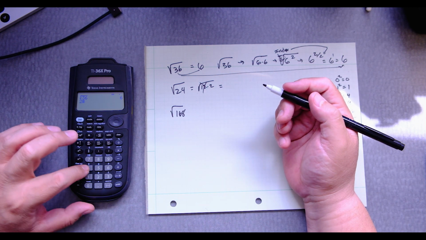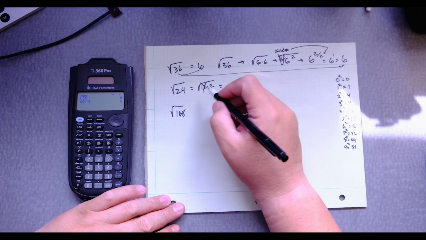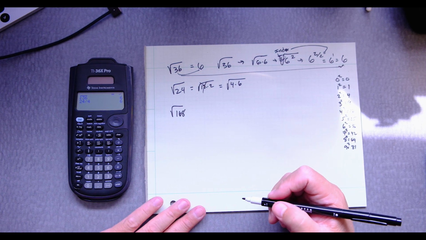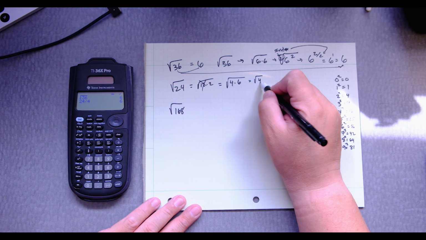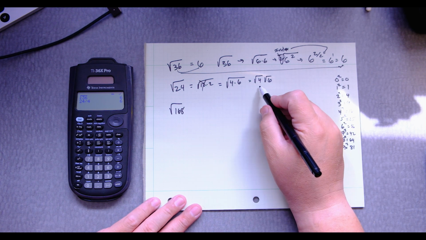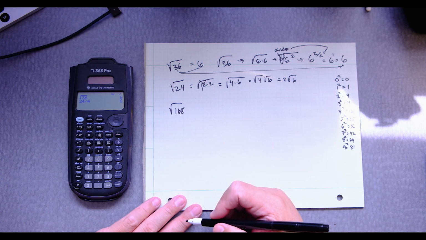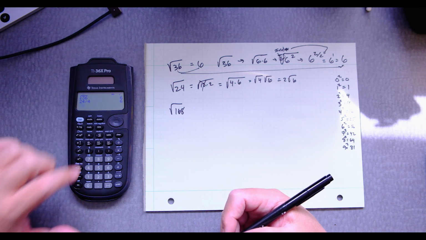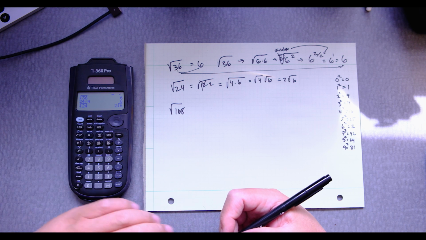We can say 24 divided by 4 gives you 6. So 4 times 6 will go into it. And then you can say to yourself, well, I can separate these: square root of 4, square root of 6. What's the square root of 4? 2, square root of 6. Now, can your calculator do that? Yes. Second, square root, 24, enter: 2 square root of 6.